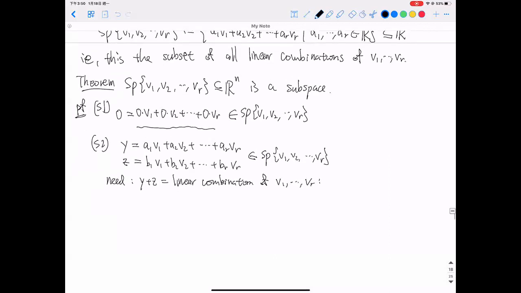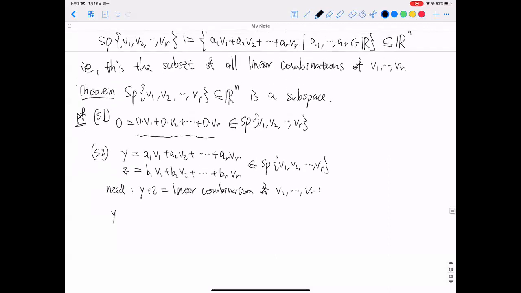And what else can you do at this point? You just compute what Y plus Z is. At this point, the natural thing to do is to collect terms that are proportional to the same vector.